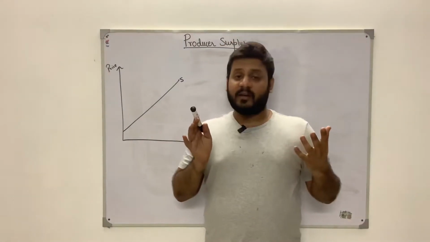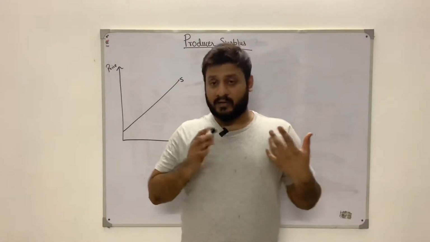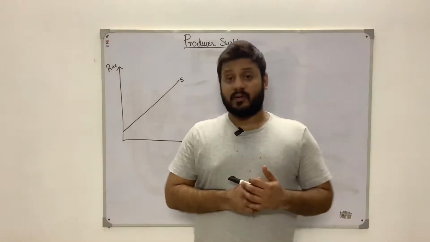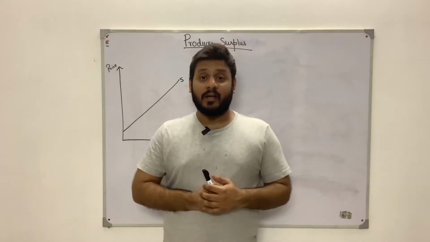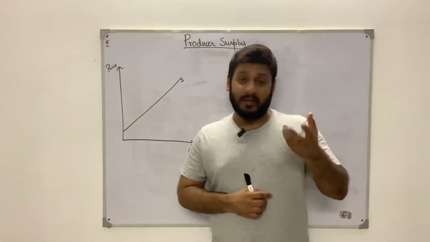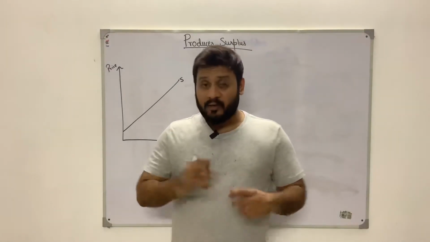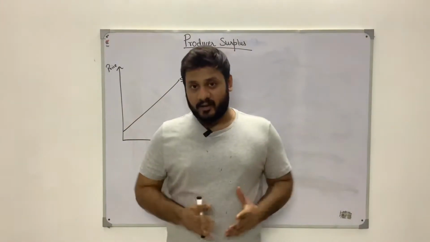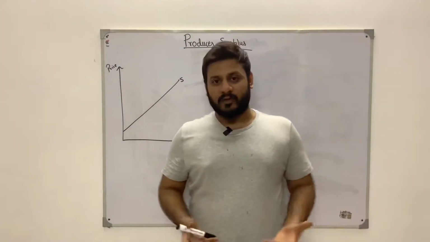So the difference, $15 minus $10, which is $5, is my producer welfare, or my gains, because I'm benefiting by selling it at a much higher price than the minimum price I was willing to sell it for. So the gains made by the producer in terms of his welfare is simply producer surplus.